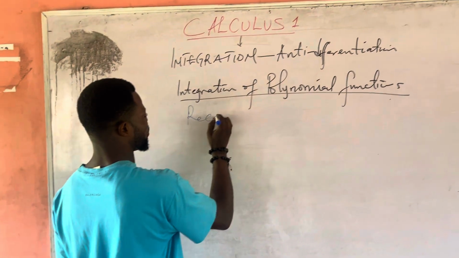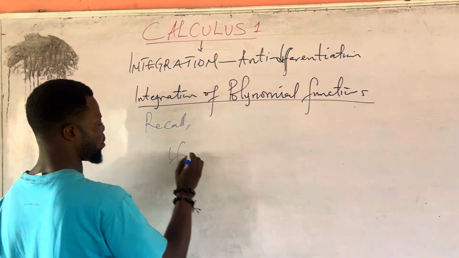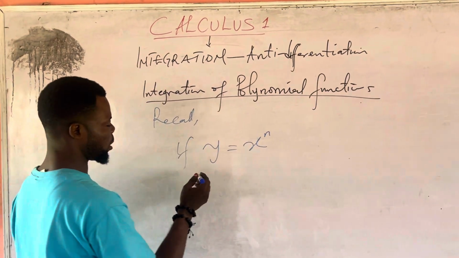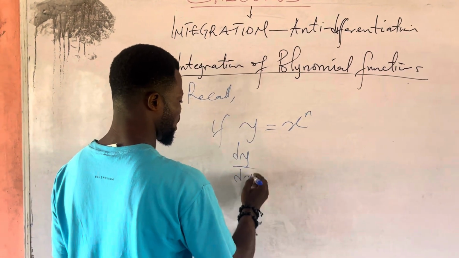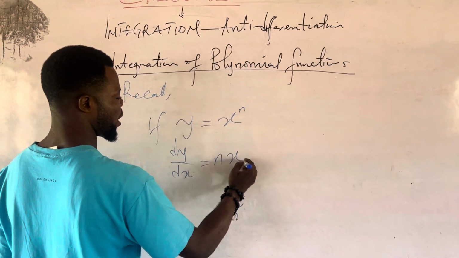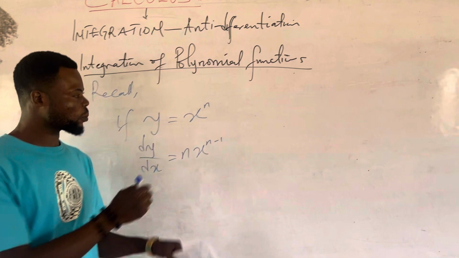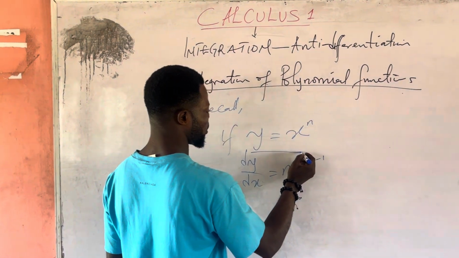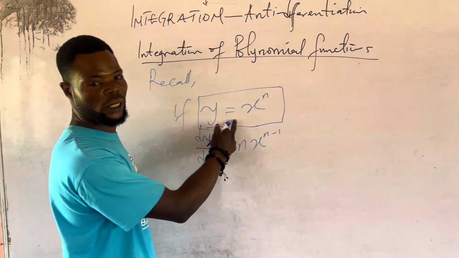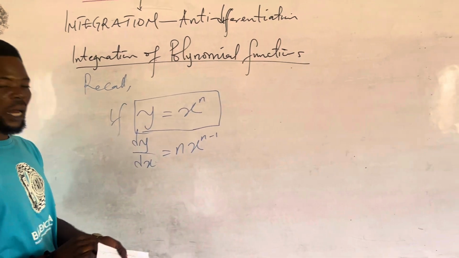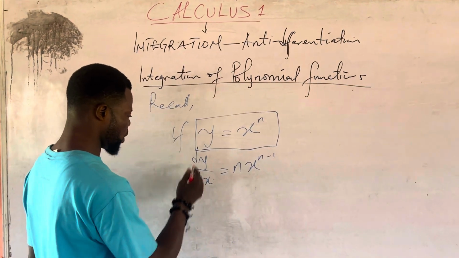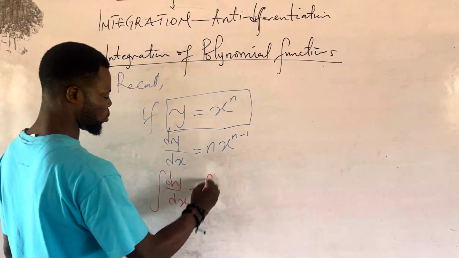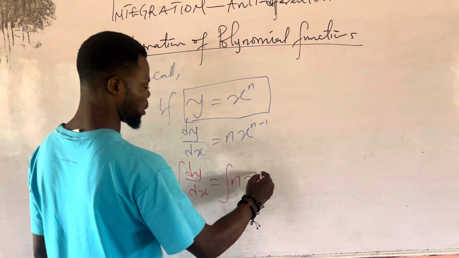If you recall, we said if our y is given to be x raised to the power of n, we differentiate this, dy/dx, to get n x^(n-1). We subtract 1 from the power. Now, to get this function that we just differentiated, we have to integrate this again. And how do we do that? So we integrate dy/dx, equal to, we integrate this as well, n x^(n-1).